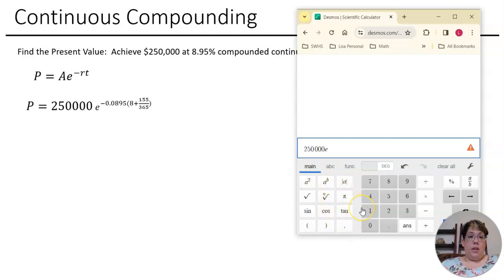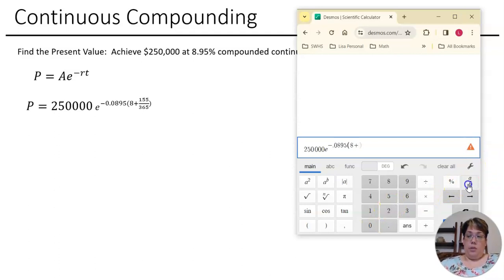Okay, so then I'm going to type in a negative, which is my minus key, 0.0895, and then my parentheses, 8 plus, and then I need a fraction.